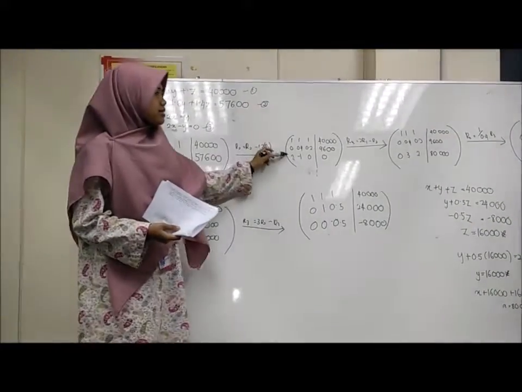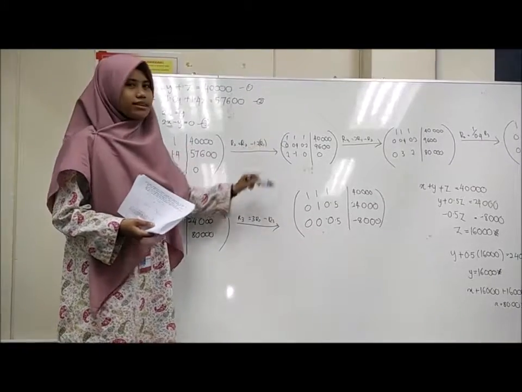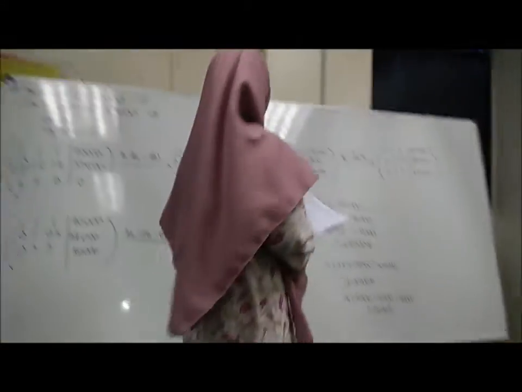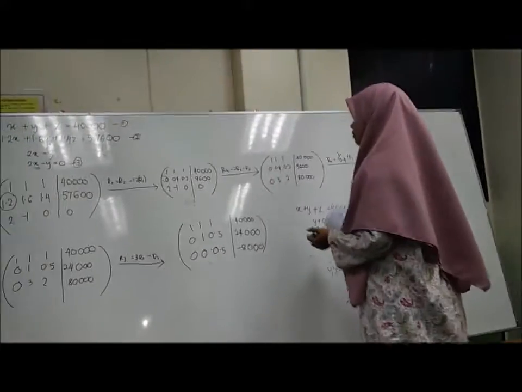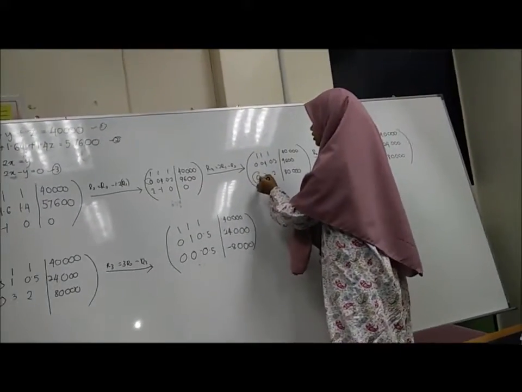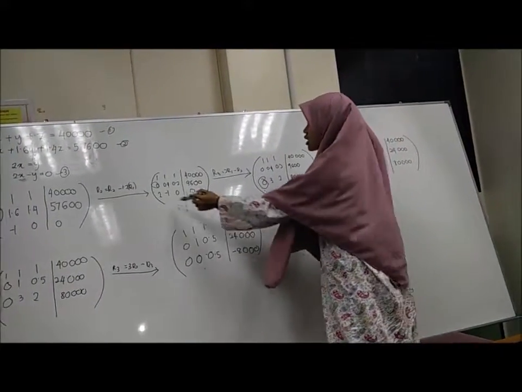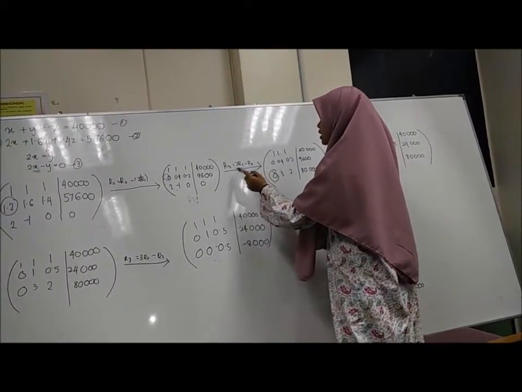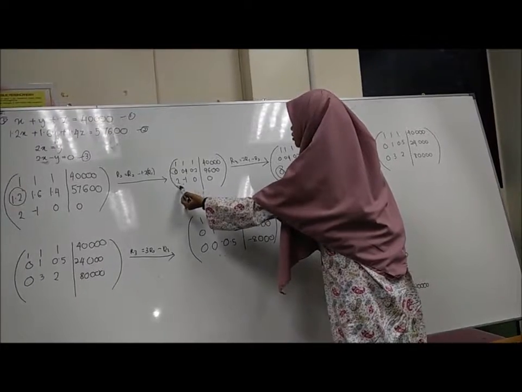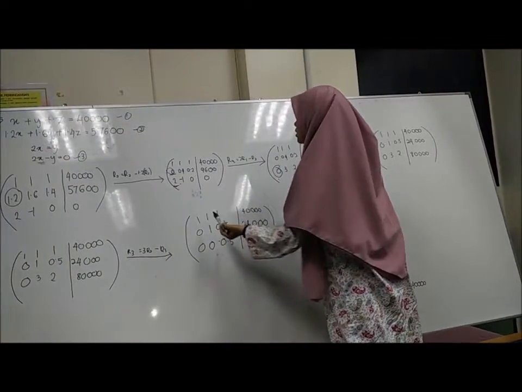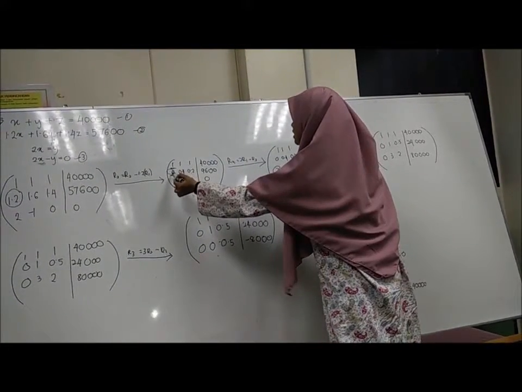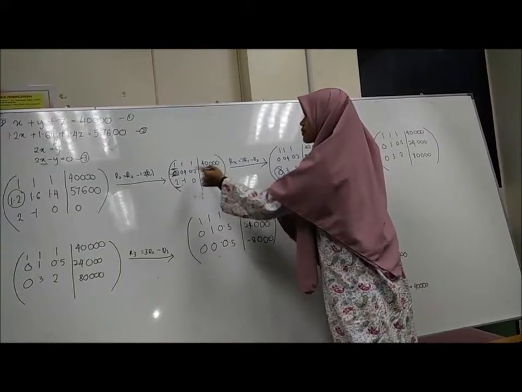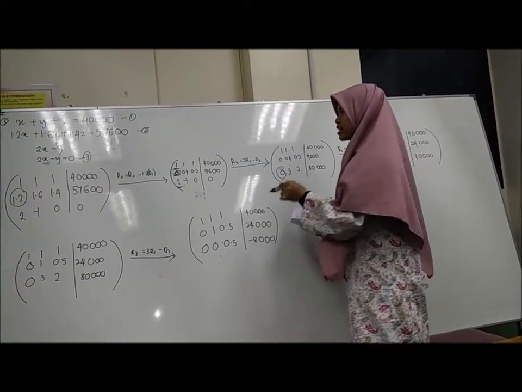So we can get 0 here. Next, we want to make this into 0, so we can use this row and this row. This row, since it is 0, we cannot use it.